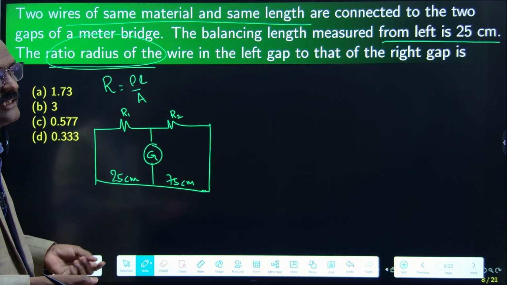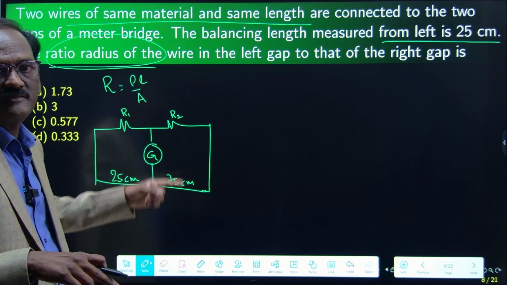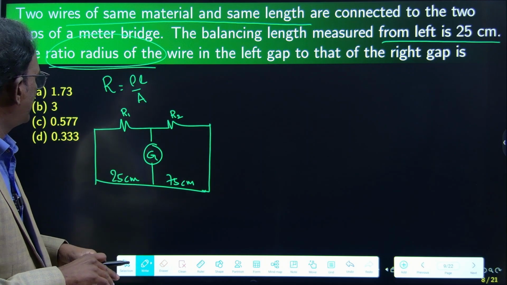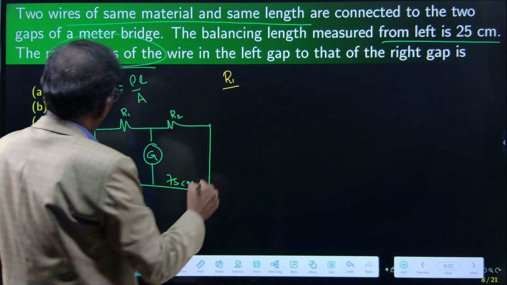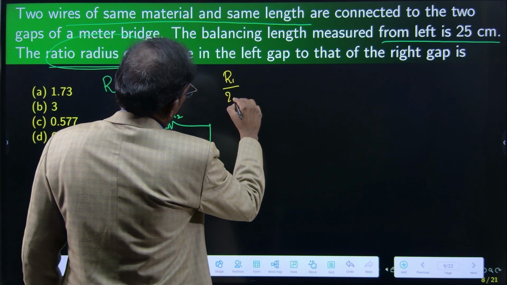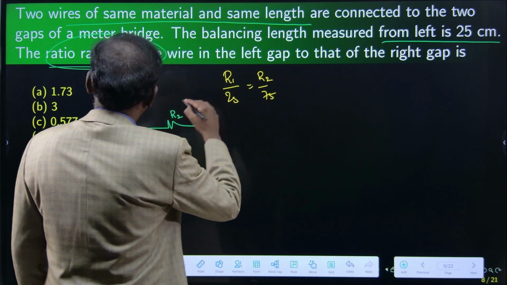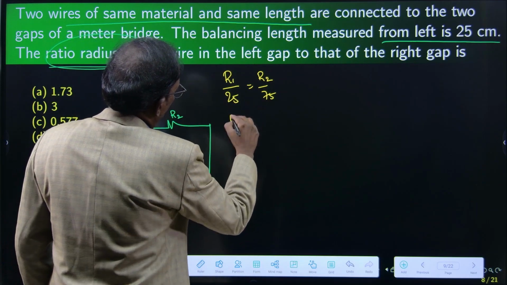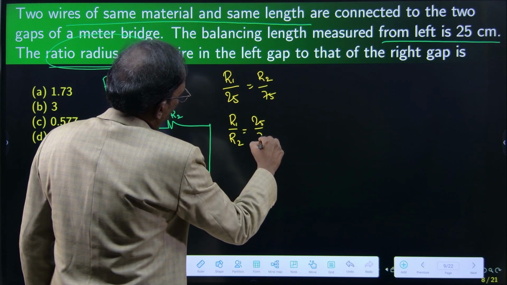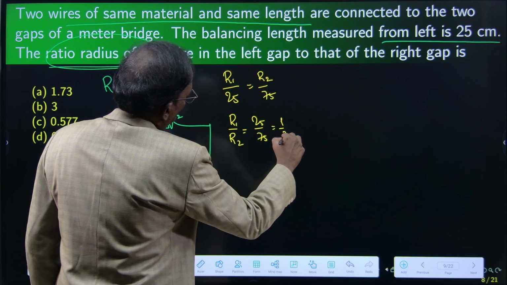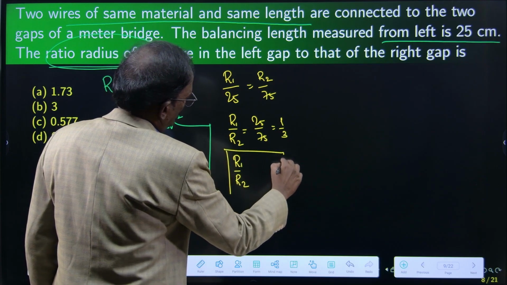R1 and R2, their ohmic value must be converted into area and area value must be converted into radius. So that is the idea. R1 divided by 25 is equal to R2 divided by 75, or R1 by R2 is equal to 25 divided by 75, which is 1 by 3. So R1 by R2 is equal to 1 by 3.